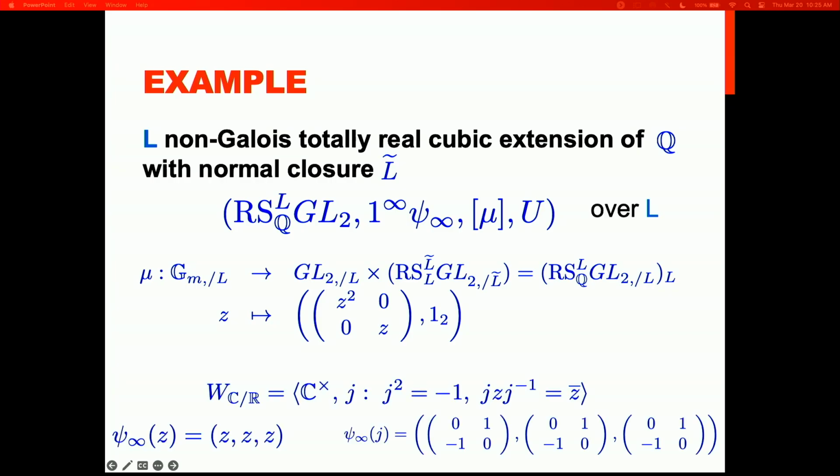And for completion, I wrote down this psi infinity. It should be a co-character of the Weil group of C over R, which is C cross and J with the usual relations. And I just send Z to scalars and J to this triple of matrices in the C points of this, which is GL2 cubed. Okay, and I'll stop there.